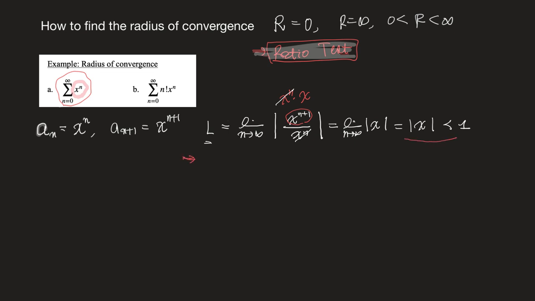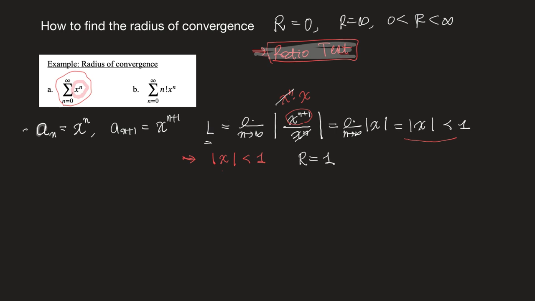The conclusion here is that the absolute value of x is less than 1. This represents the radius from the center. The center is 0, so it is 1. R should be 1. Everything makes sense? So you find R is 1.